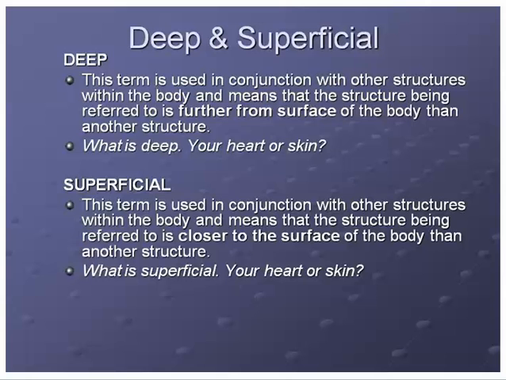But then we could argue that your muscle is deeper than your skin, and your skin is superficial to your muscles. So just think about which structure is on top of which. The one that is furthest from the surface is classed as being deep. The one that is near the top is superficial.